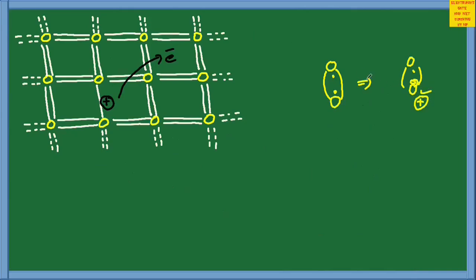And if this electron breaks the bond and becomes a free electron, then this atom will become a positive ion. And here it is not important which atom is becoming a positive ion. So here we just denote a positive ion to indicate that when a bond is broken, we have a positive ion or a positive charge.